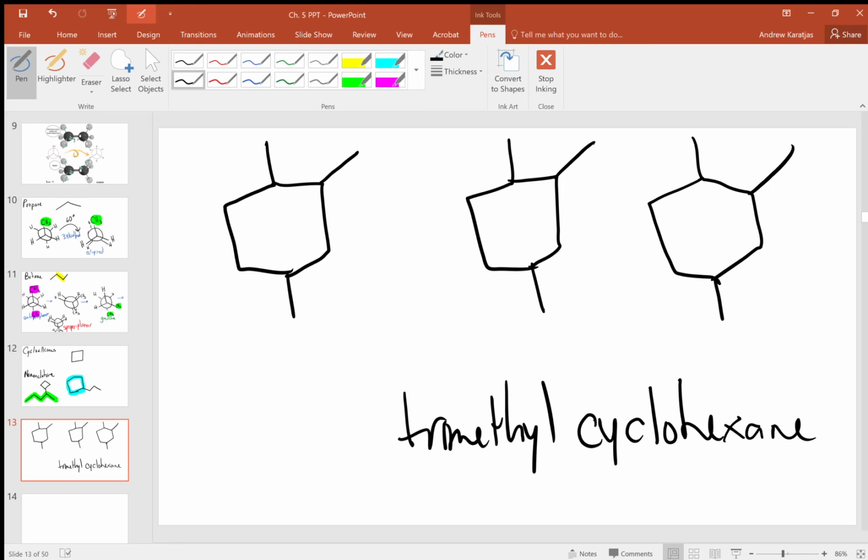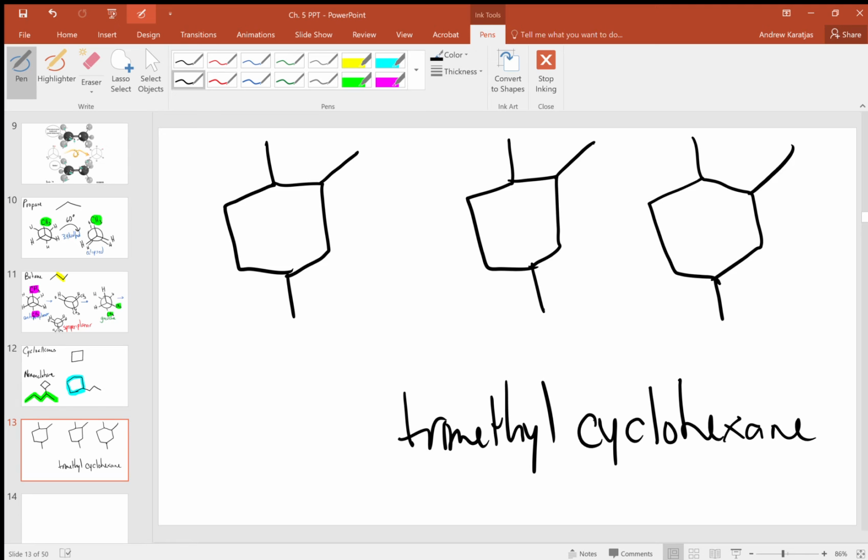The only major difference here is how we number it. So if you think about a straight chain, we can number starting at one end and ending at the other. So we only ever have 2 choices for how we number the chain.